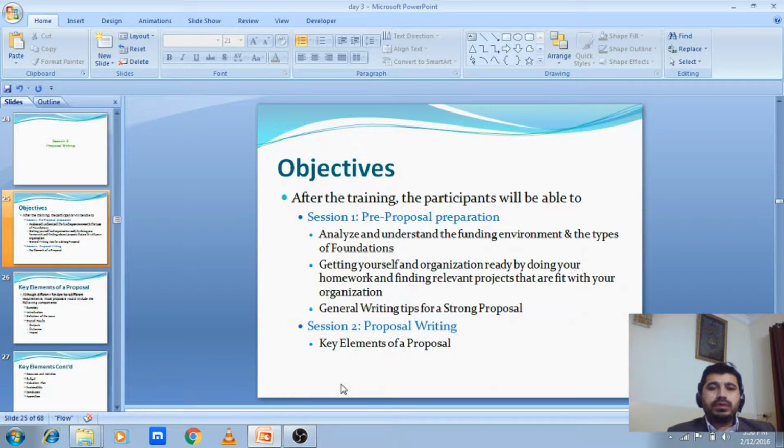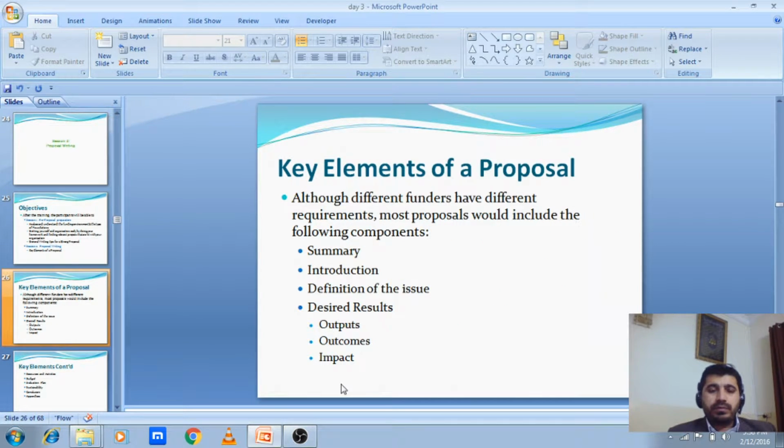You need to understand the purpose of each element in this proposal. And when you understand it, you will then be able to write it more effectively. So I'm first going to share the names of all the key elements for the proposal, and then I'll be discussing each element in more detail.